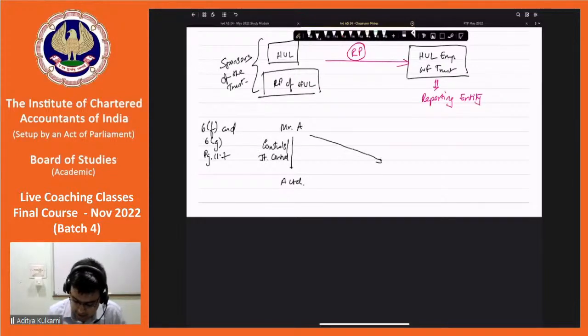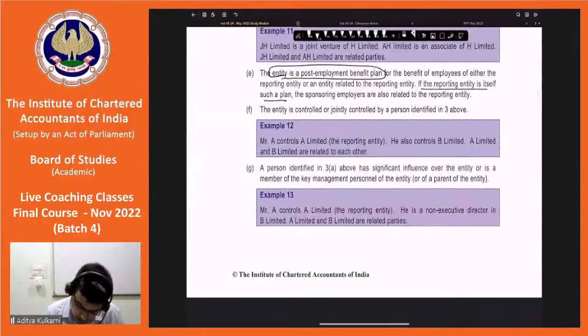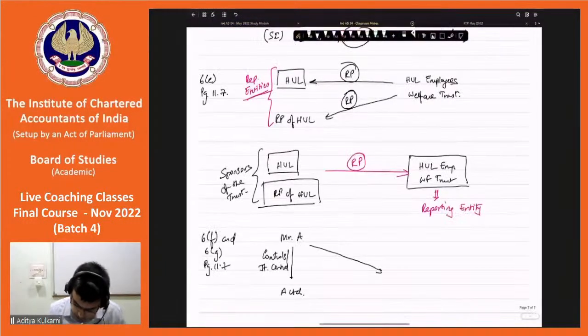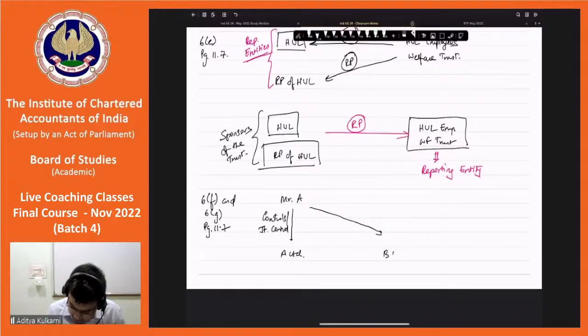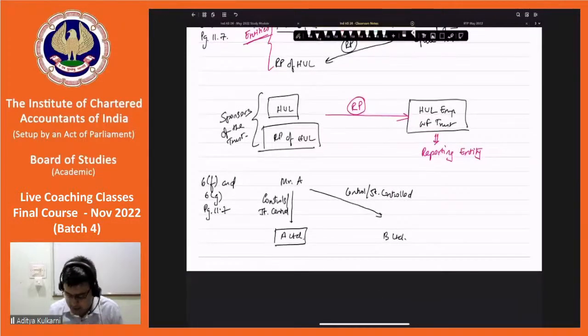At the same time, what are the words used? Controlled or jointly controlled by a person identified in 3 above. There is another entity B Limited which is controlled or jointly controlled by Mr. A. And we are preparing the financial statements of A Limited.